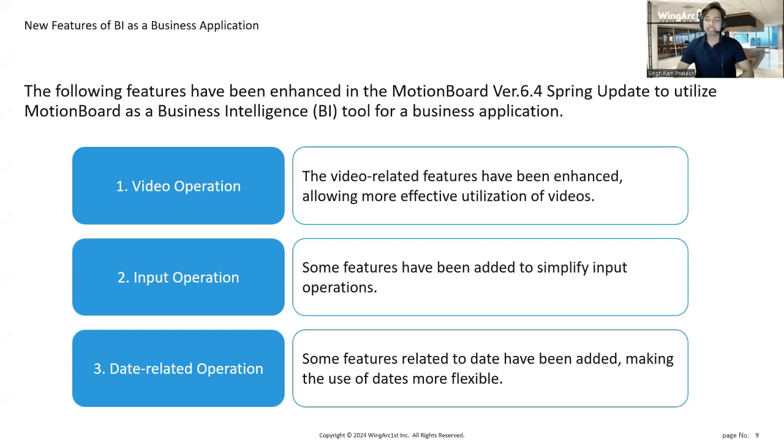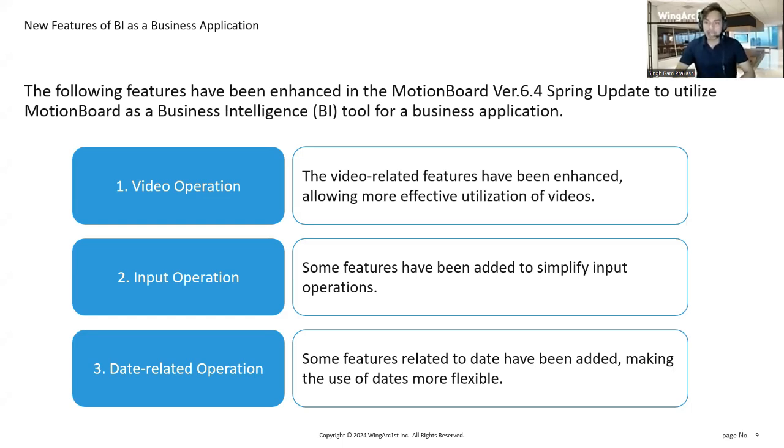One of the unique aspects of MotionBoard is its input capabilities. You can directly input data to the database. With the Spring Update, we have introduced new features to make input operation more efficient. And third, we have strengthened the date-related features. Previously, customizing calendar items was limited.